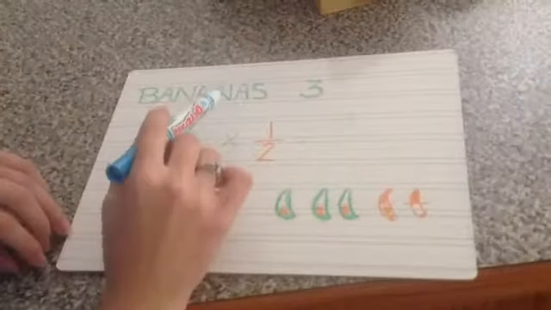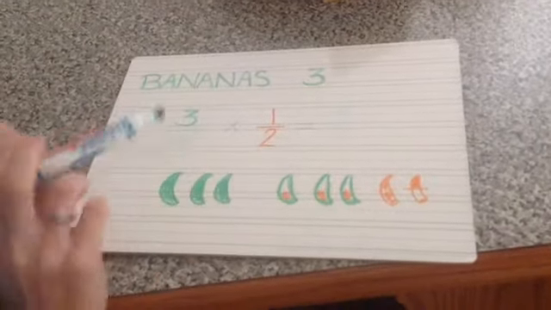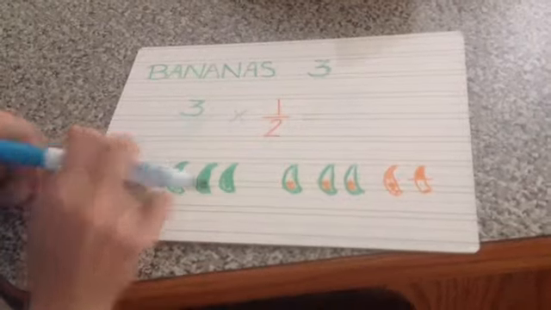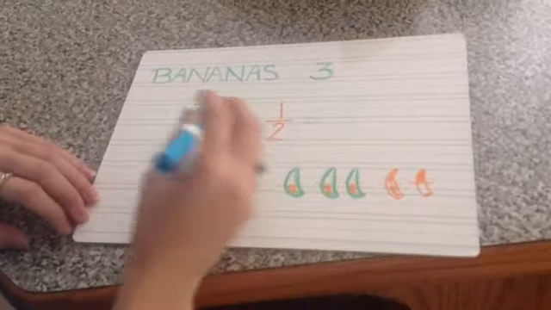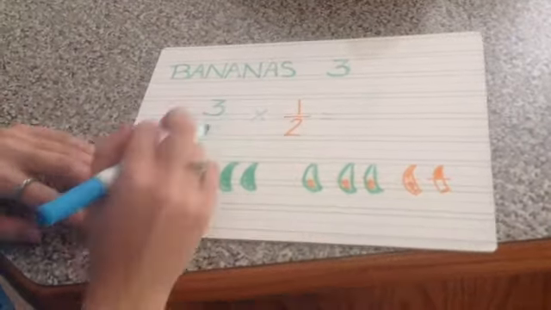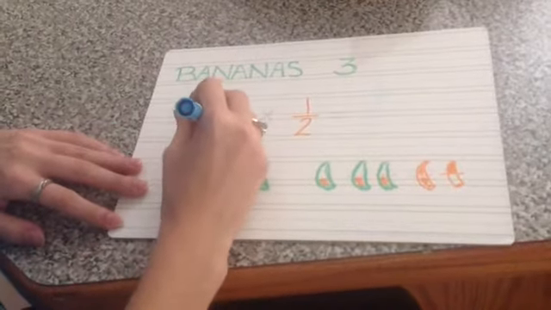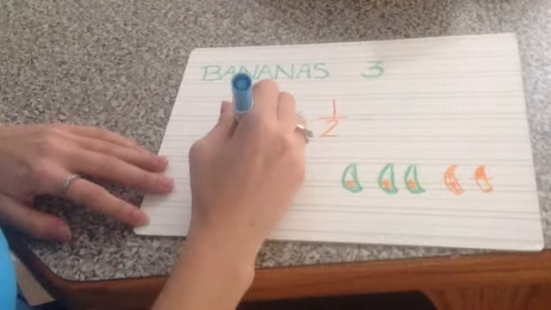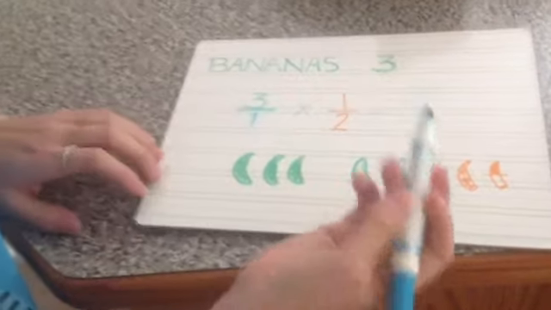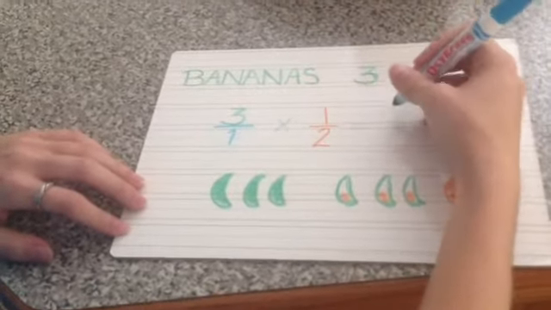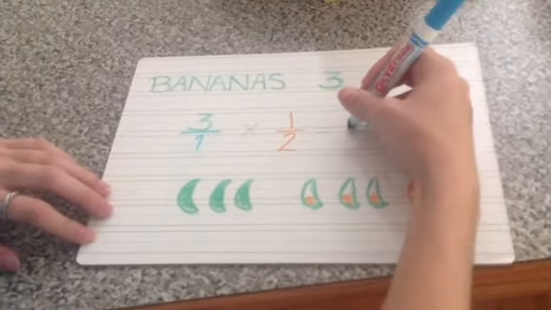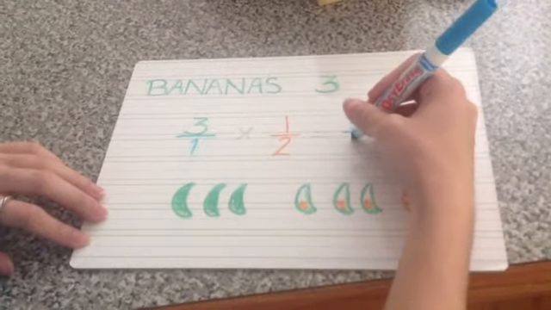The next ingredient that we need is bananas, and we need 3 bananas. To figure out how many we need for our reduced recipe, we do 3 times 1/2. To make it easier, we can do 3 over 1, because that's the same as 3. Then if we multiply it out, we have 3 times 1 is 3, 1 times 2 is 2.